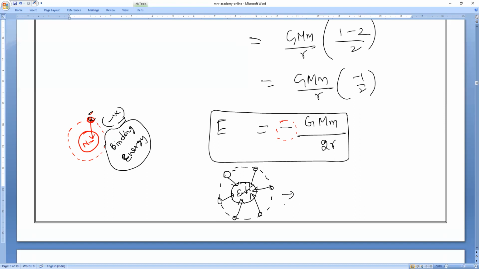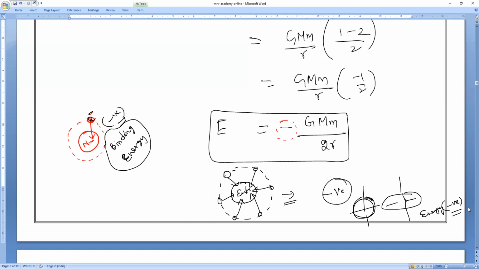Same way, the satellites revolving around the earth are binded by the gravitational force of the earth. So that is why, if the planets bind the satellites towards them, their energy is negative. So when the satellite is revolving in a circular or elliptical track, whatever it is, energy is always what, everybody?